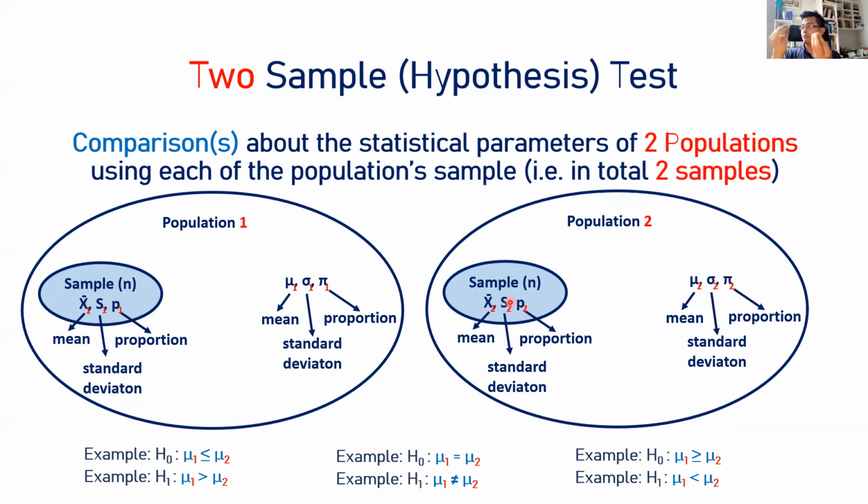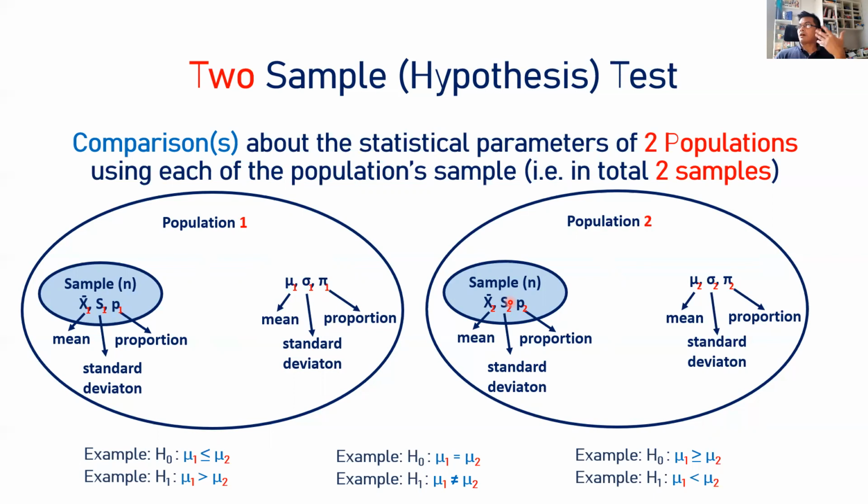We compare the values and see whether the comparison we find from the sample statistics of both samples is close to the stated hypothesis. If it's close, then usually we accept the hypothesis, but if not, we reject it.